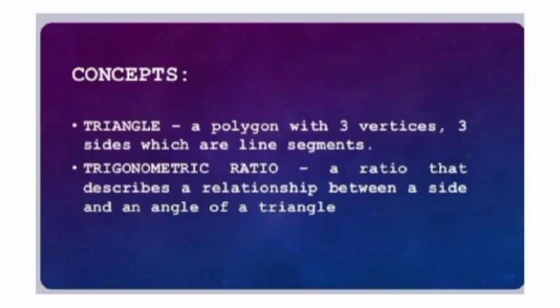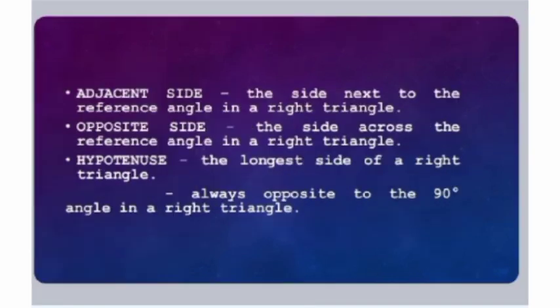Concept: triangle, a polygon with three vertices and three sides which are line segments. Trigonometric ratio, a ratio that describes a relationship between a side and an angle of a triangle. Adjacent side, the side next to the reference angle in a right triangle.